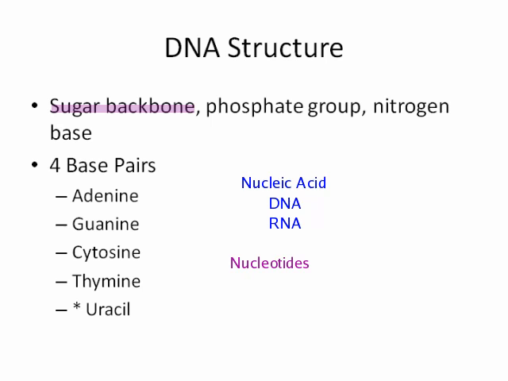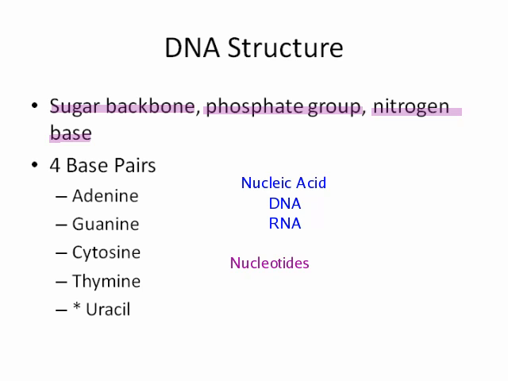and nucleotides are made up of a sugar backbone, which in DNA is deoxyribose and in RNA is ribose. It is also made up of a phosphate group, and a nitrogen base.